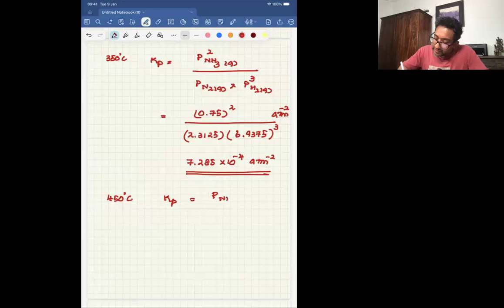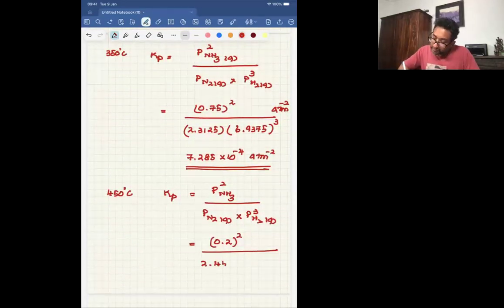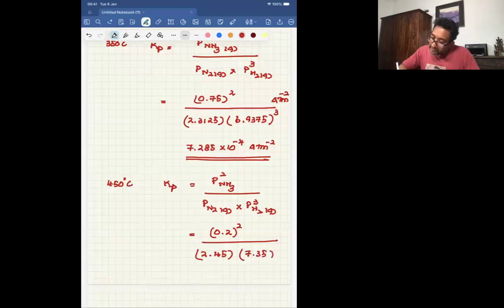Partial pressure of ammonia squared divided by the partial pressure of nitrogen times the partial pressure of hydrogen to the power 3. 0.2 squared divided by 2.45, divided by 7.35 to the power 3.